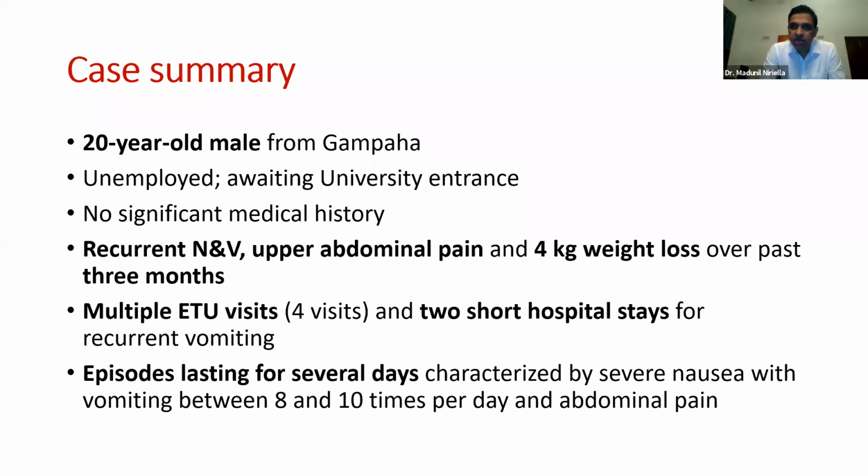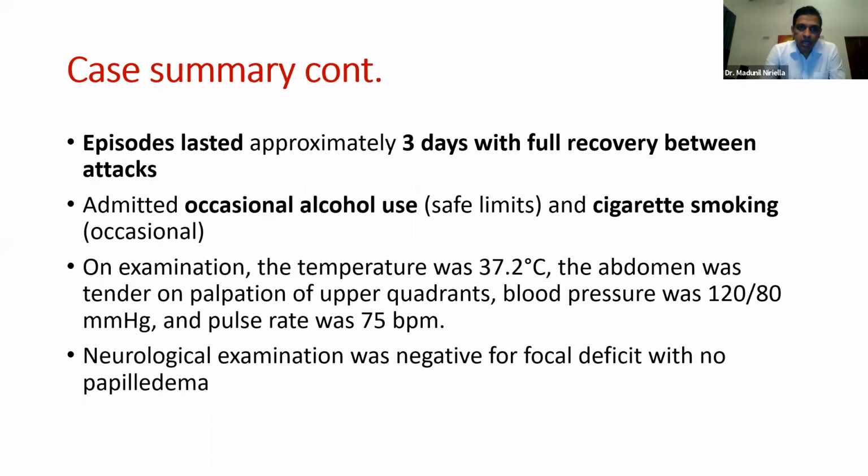He had multiple emergency treatment visits, 4 visits in fact, and 2 short hospital stays for recurrent vomiting. These episodes lasted for several days and were characterized by severe nausea with vomiting around 8 to 10 times a day with abdominal pain. These episodes lasted approximately 3 days with full recovery in between the attacks.